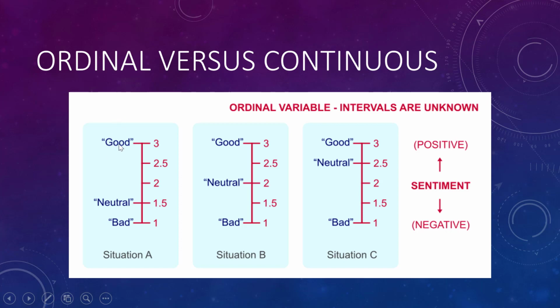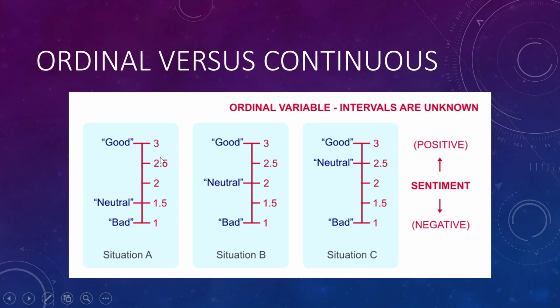If our three categories within an ordinal variable are good, neutral, and bad, we can see that in situation A, there's a smaller difference between bad and neutral than there is between neutral and good.